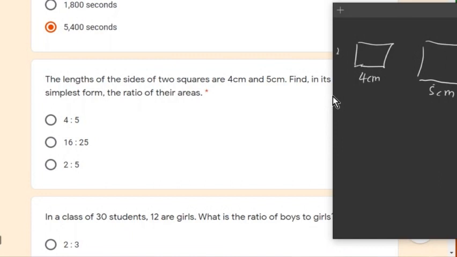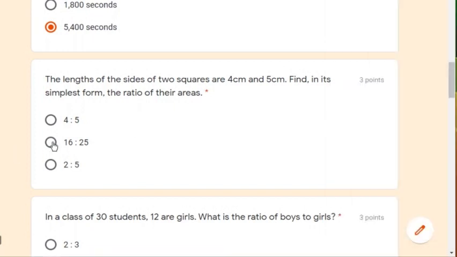The area for the first one will be 4 times 4 because it is a square, so this will be 16 centimeters squared. And the area for the bigger one will be 5 times 5, which is 25 centimeters squared. So the ratio of their areas will simply be 16 to 25 because we can't break it down. So that's the correct answer.